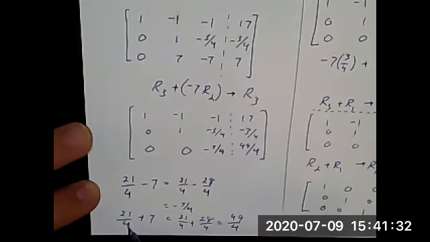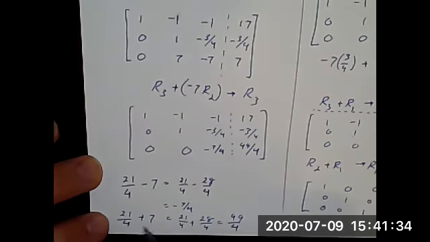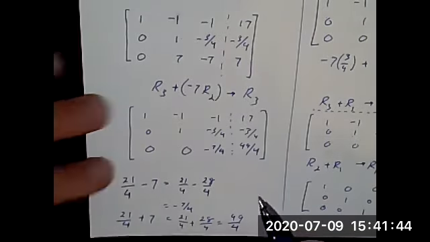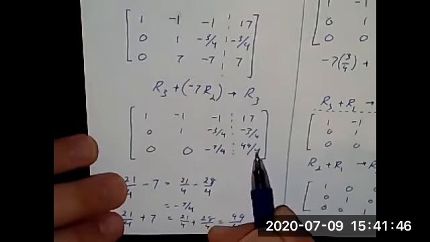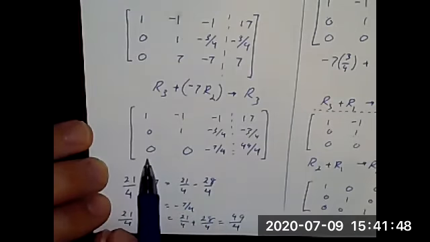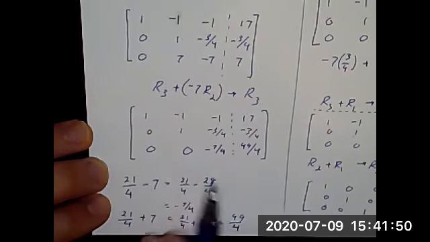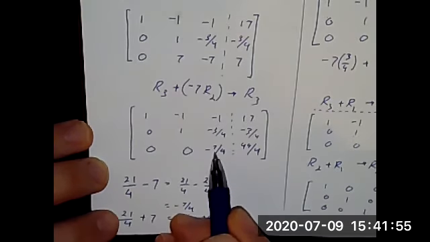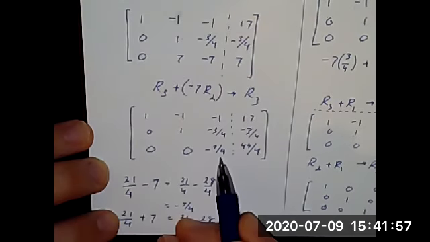Again, down here, I do a little scratch work. 21/4 plus 7, well, 28/4, so really just the addition of this over here, 49/4. Cool, 49/4. Well, from here, we have this 1 and all these zeros, and now we really want this to be a 1 as well. So what do I multiply -7/4 by to get 1?